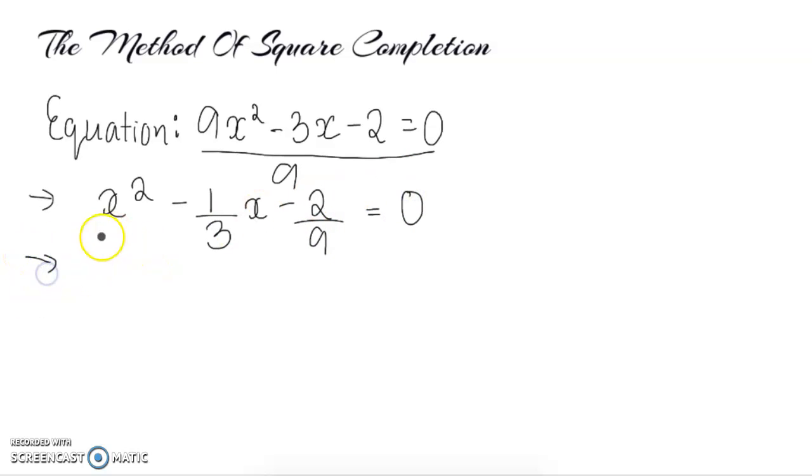Now, I am going to take whatever's not useful to x, whatever's unnecessary, to the right hand side of the equation. Since minus 2 ninths is not related to x because it doesn't have any variables in it, it's a non-variable term, I'm going to take it to the right hand side of this equation. So I get x squared minus 1/3 x is equal to 2 ninths.